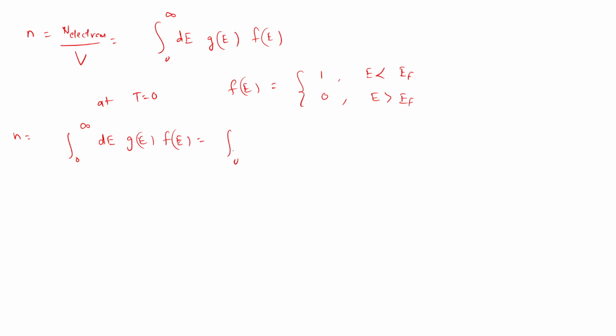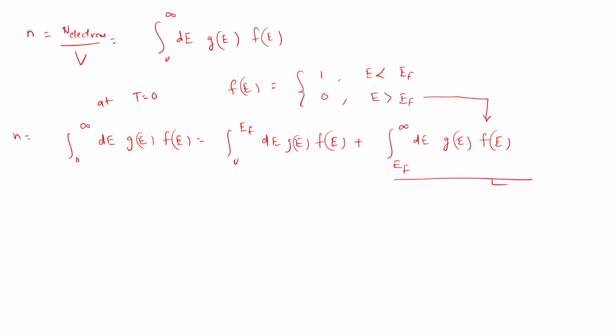So we can split the integral from 0 to infinity of dE G(E) f(E) into two integrals: 0 to EF of dE G(E) f(E), plus EF to infinity of dE G(E) f(E). When E is greater than EF, f of E is equal to 0, so this integral vanishes.